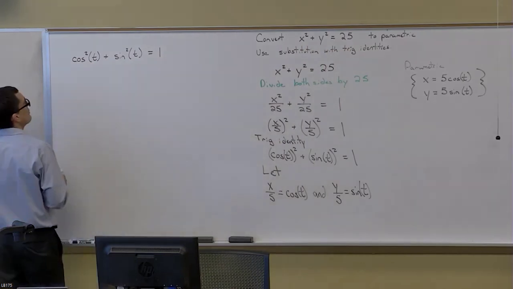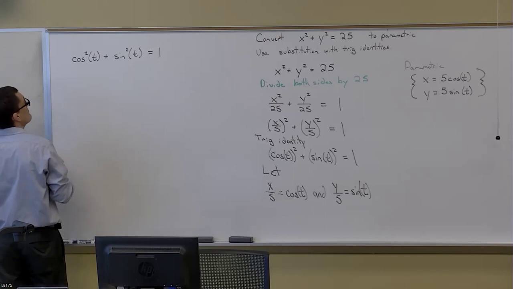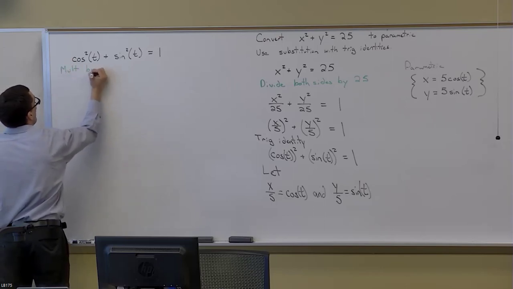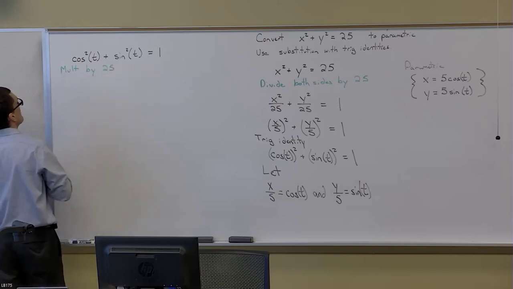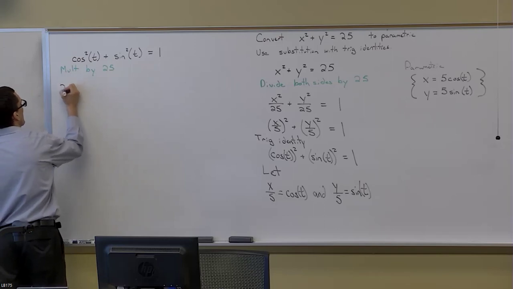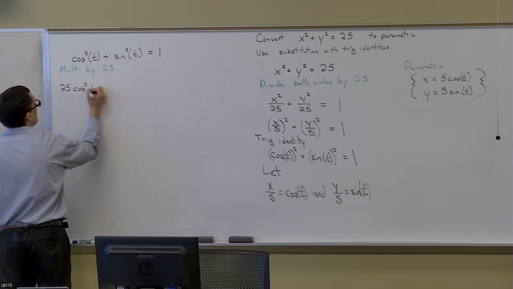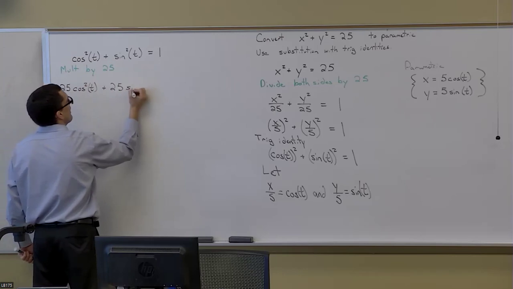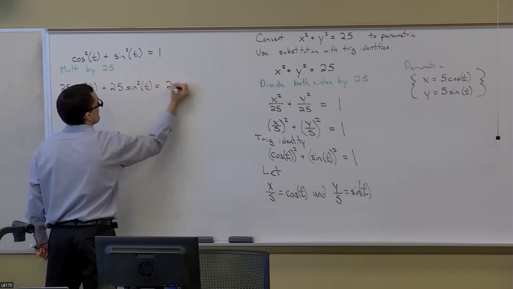Since I have 25 on the right-hand side, I could multiply by 25 on both sides. That would give me 25 times cosine squared plus 25 times sine squared equals 25.